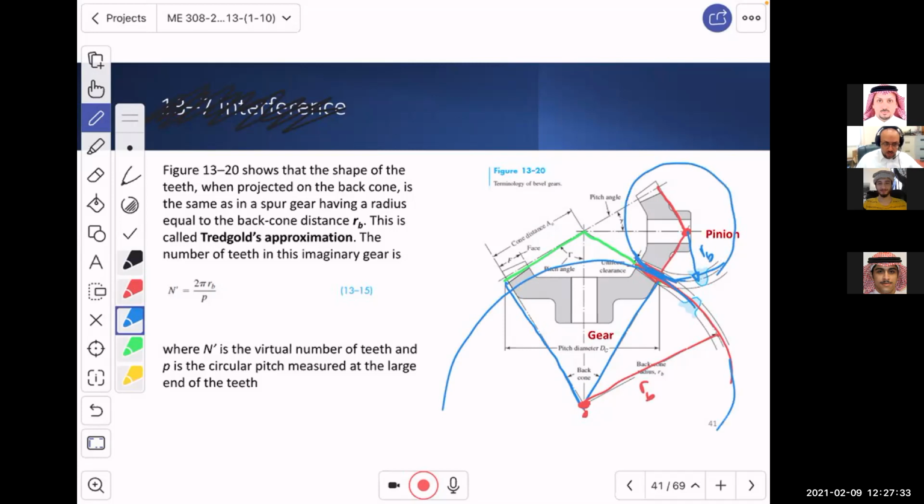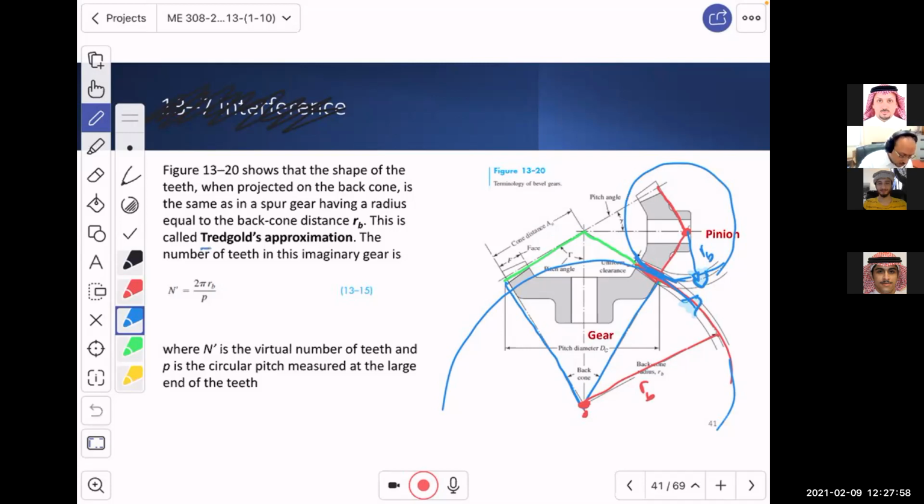Now, interestingly, if you think of this as a disc where there are teeth on it, which is like a spur gear, and this is why we have these spur gears drawn over here, you have some sort of a virtual spur gear, an equivalent spur gear.